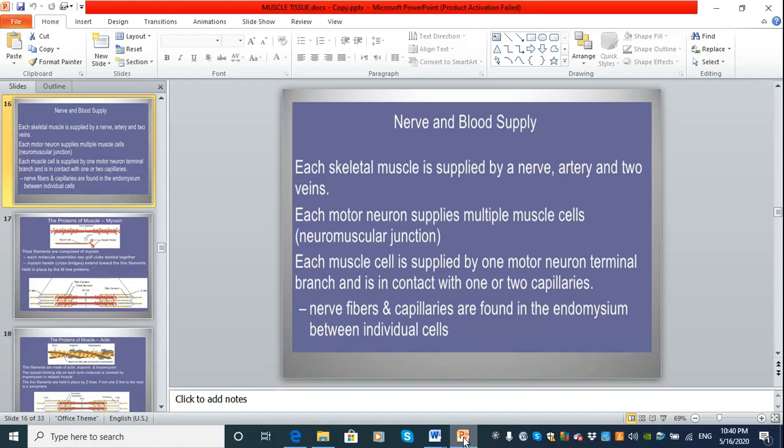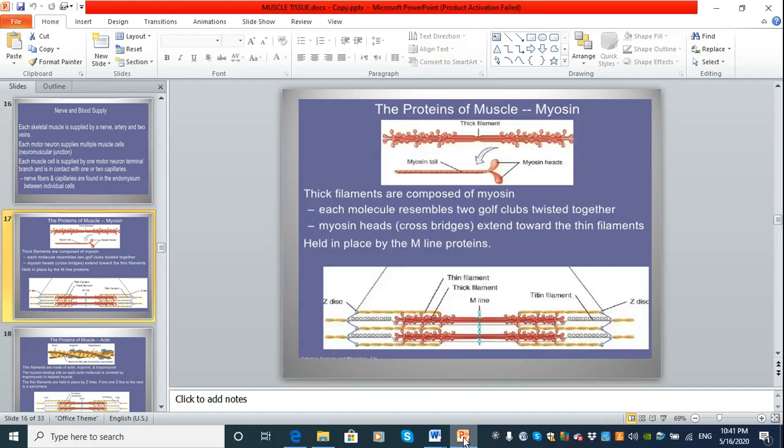You also need to know how the muscle cell is surrounded by a nerve, an artery, and two veins. For myosin and actin, please just keep it as explained, and do not focus on the diagram.